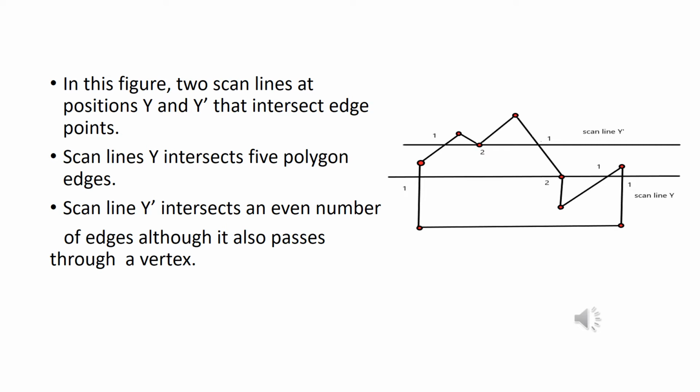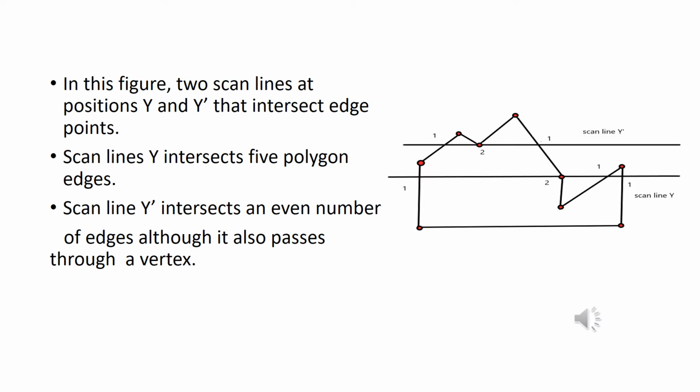And at the same time, for that polygon vertex, which is also an intersection point, the candidate edges have come from the same side. So that intersection point has to be counted twice. So it is considered to be a double intersection point.